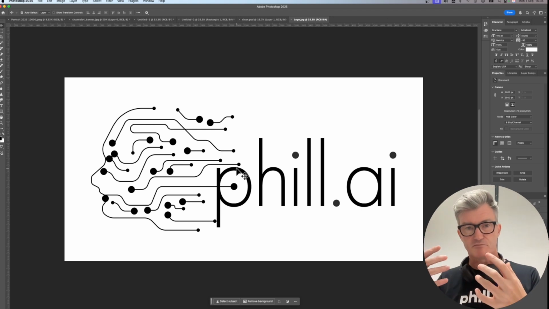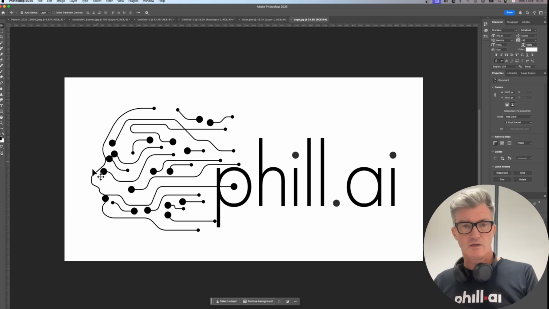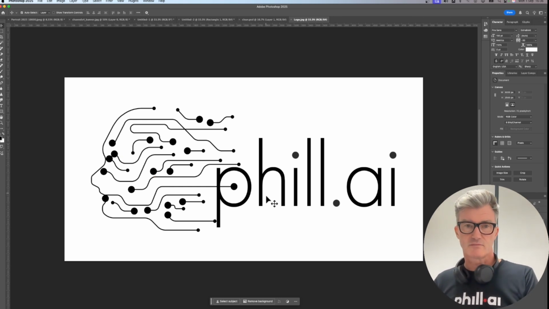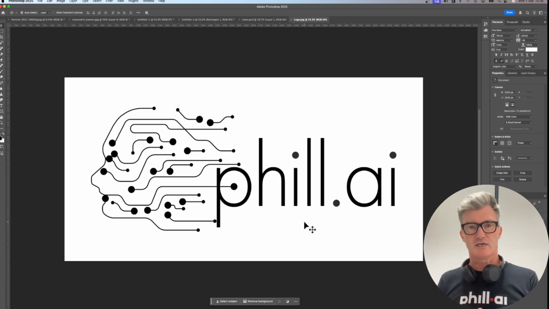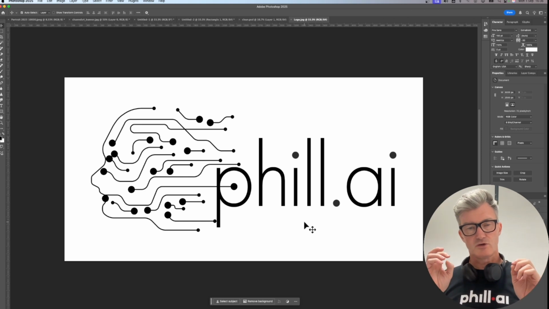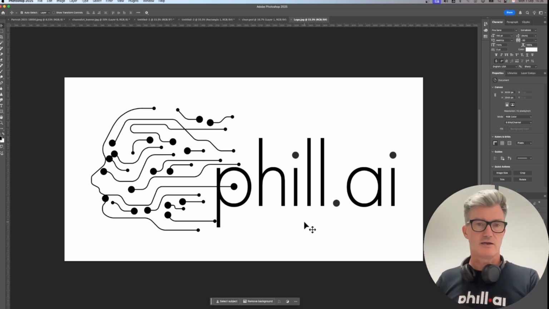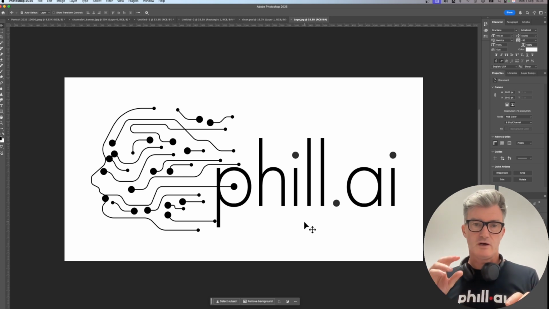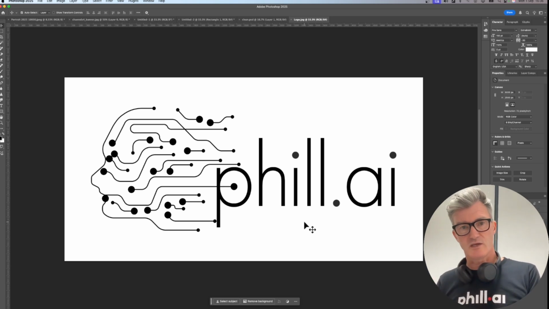So as you see, the P's connected to the AI brain. And if you didn't know, a lot of the early AI stuff was basically thinking about how the human brain could work as AI, and a lot of the initial thoughts were, okay, how do we make a computer think like a human? So that was the idea there.